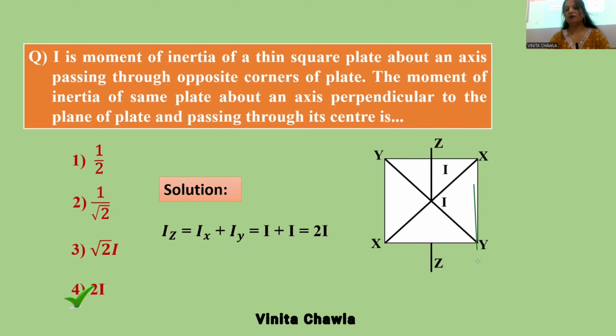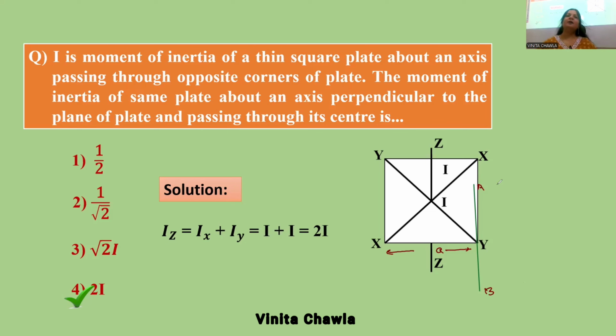Now this time we have to find the moment of inertia about an axis passing through one of the vertices of the square plate and parallel to the z-axis. Can you find the moment of inertia? You can take a side of the square as small a. This is small a. This time we have to find the moment of inertia about this axis. We can consider this axis as AB.